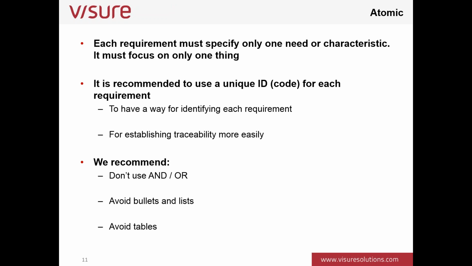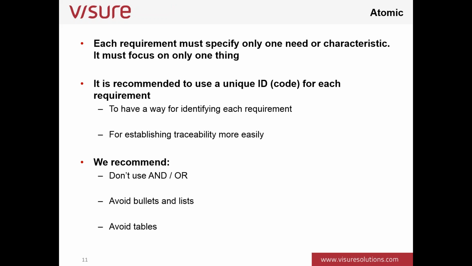So many times we say something like, for example, I don't know, the system must manage users and produce reports. Those are clearly two separate requirements. One is that the system must manage users, and another one is that the system must produce reports.